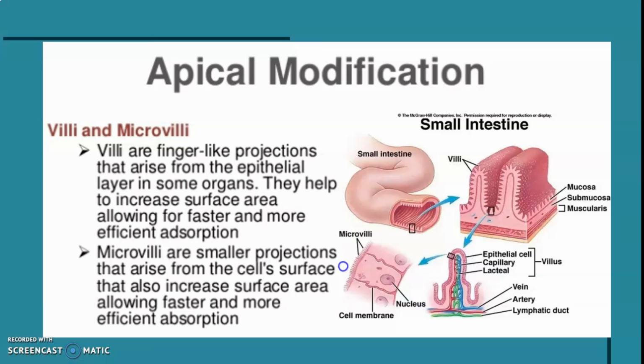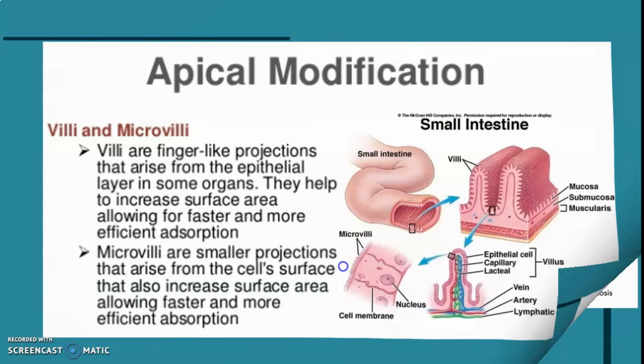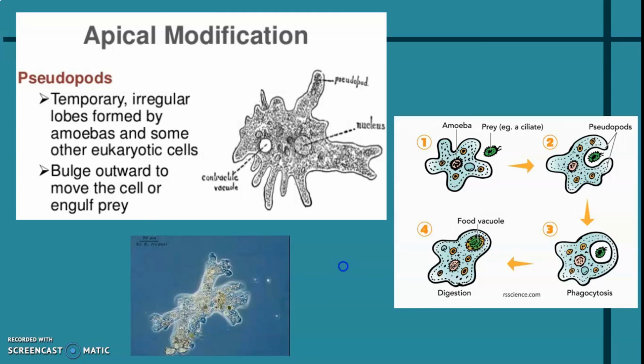Microvilli are cell surface modifications which increase surface area of a cell without significantly increasing the size of the cell. They work in conjunction with villi to absorb more nutrients and more material because they expand the surface area of the intestine. Another example is a pseudopod.